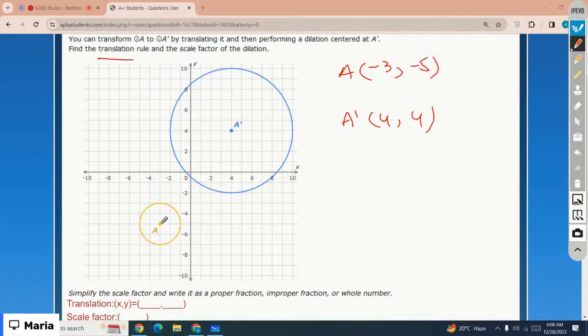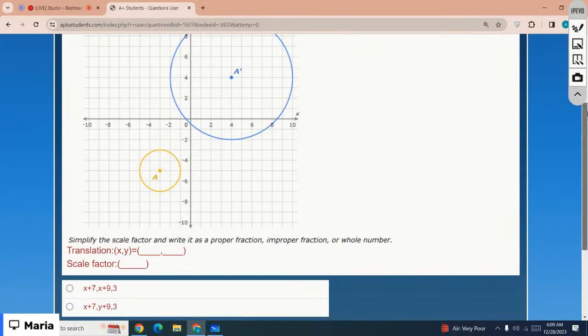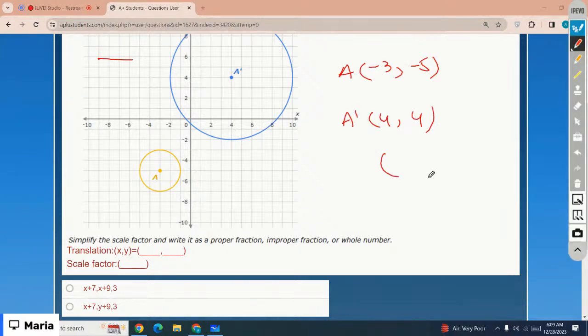For y, you moved from -5 to 4, that is 9.